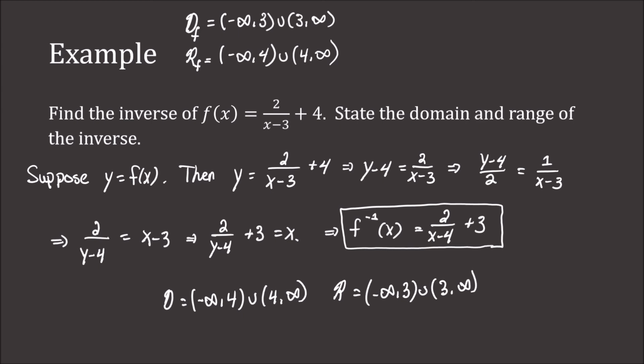After that, set y equal to f of x, solve for x, then switch the x and the y positions. Right, so what I did here mentally was I said that y is equal to 2 over x minus 4 plus 3. And then this is your inverse.